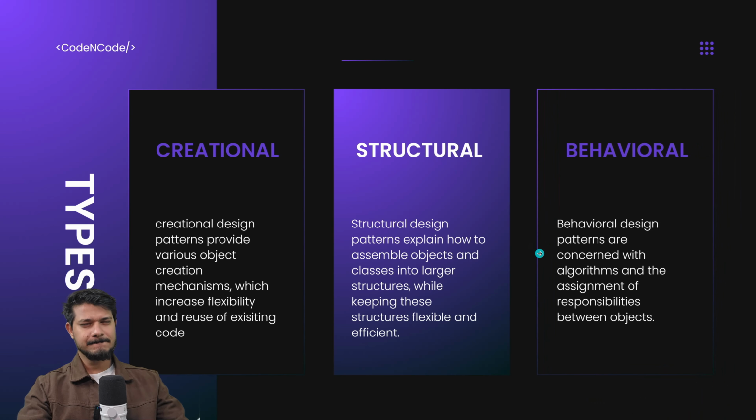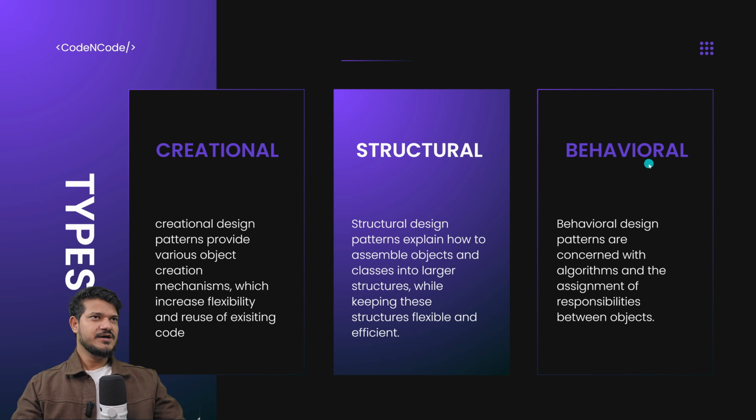One of my most favorites are actually behavioral design patterns, and even in the behavioral design patterns, one of my favorites is the strategy pattern, because as you already know, I have been teaching low level design also using Java. There are a lot of scenarios where the behavioral strategy design pattern is used.